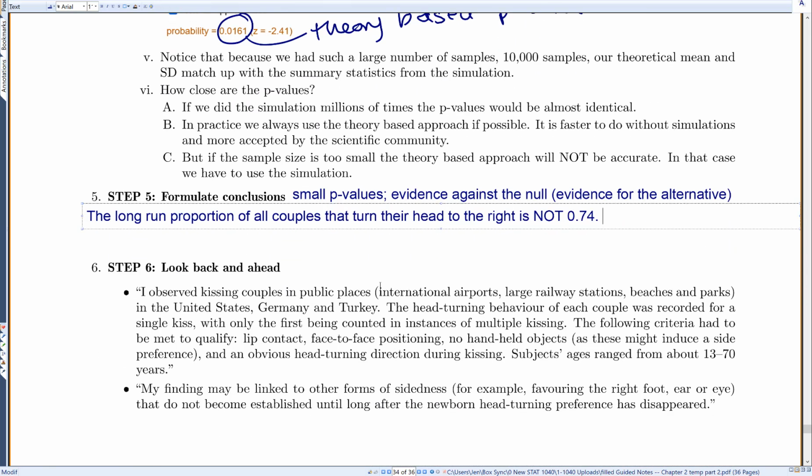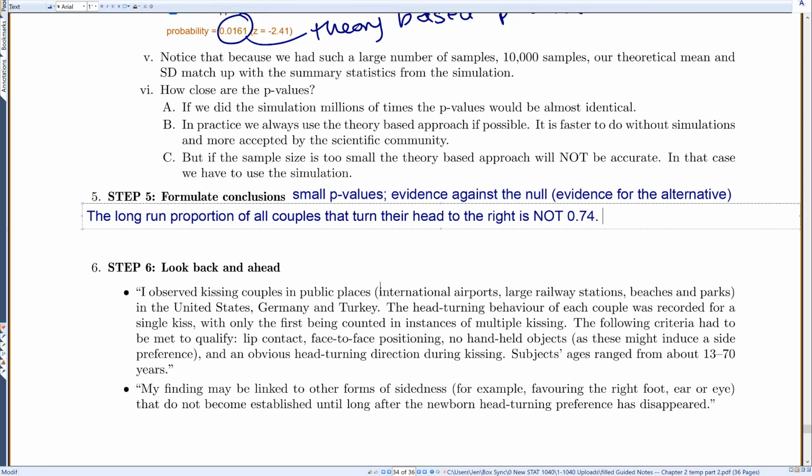And don't forget, step 6 is look back and ahead. These are actually quotes from the study he did. He looked at kissing couples in public places and recorded which way they turned. He only looked at the first kiss, because maybe after a while they turn their head because their neck gets sore. He checked to make sure they actually connected lips. They weren't holding things in their hand, because if you had a suitcase in one hand, you might turn. And it had to be obvious, so he had to be able to tell.